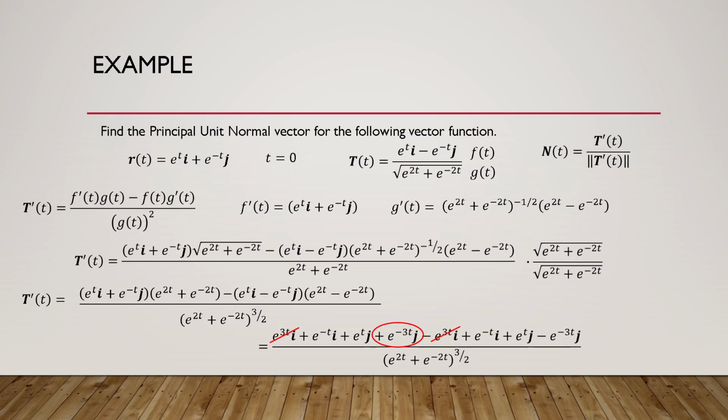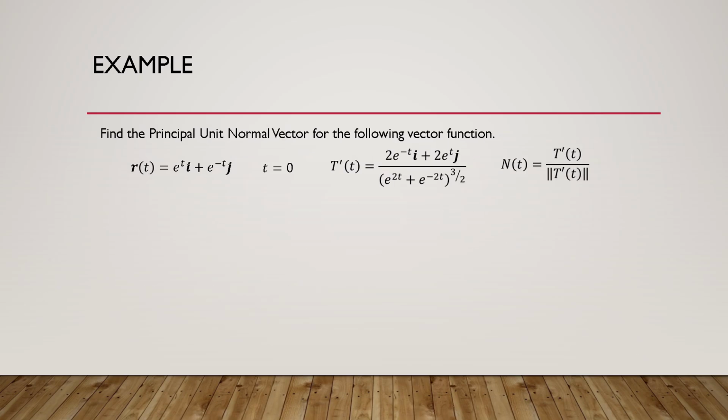Also, e to the negative 3t j minus e to the negative 3t j cancels. E to the negative t i plus e to the negative t i equals 2e to the negative t i. E to the t j plus e to the t j equals 2e to the t j. This is over the quantity e to the 2t plus e to the negative 2t to the power of 3 over 2.